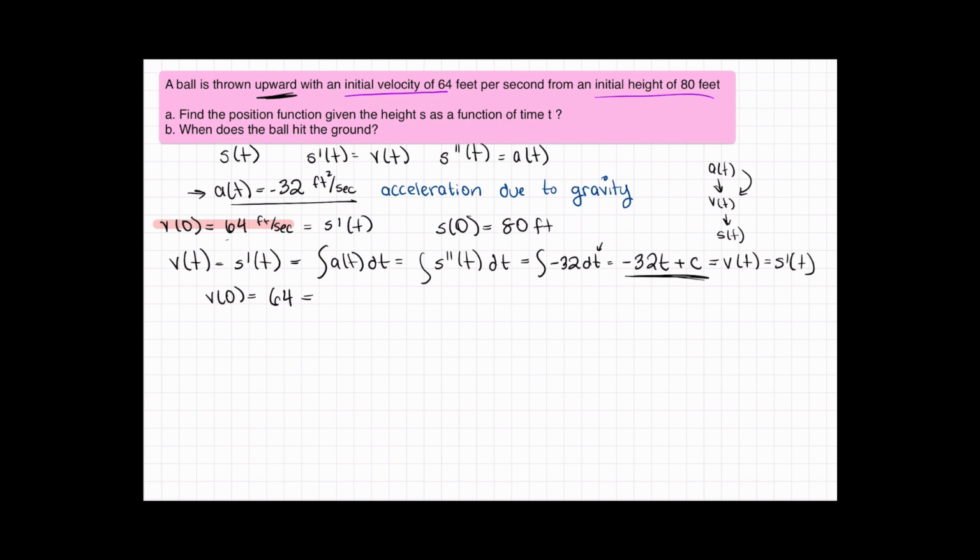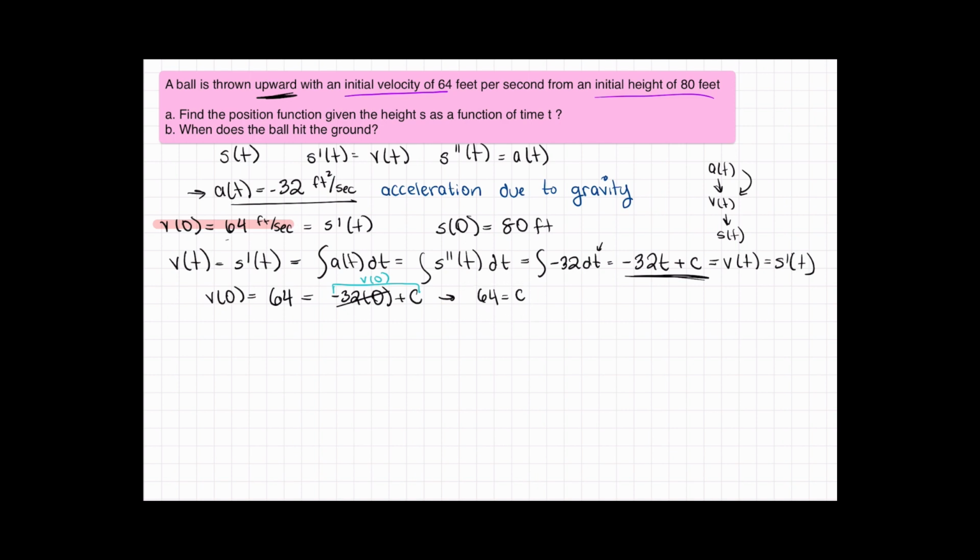So I'm just going to plug 0 into this function: negative 32 times 0 plus c, and this here is also v of 0. Now we just solve for c. Negative 32 times 0 is just 0, so 64 must equal c.